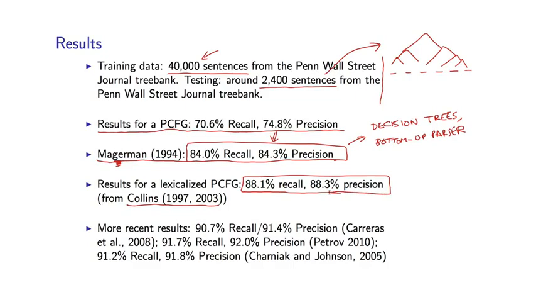There are more recent results which have pushed performance further up into maybe the 91-92% range. I've listed a few different cases here. These two methods make use of discriminative estimation methods.